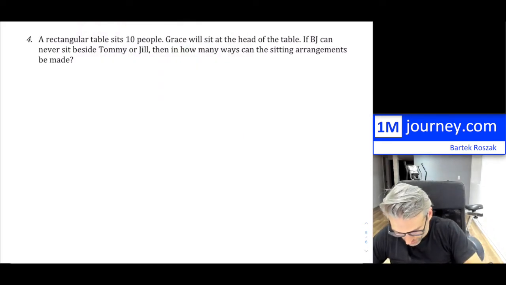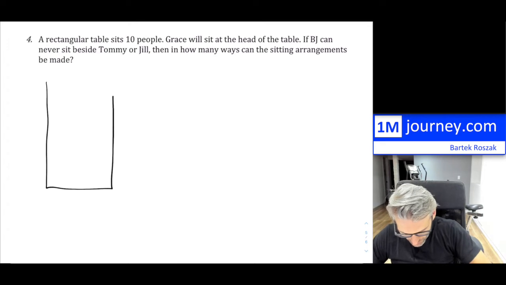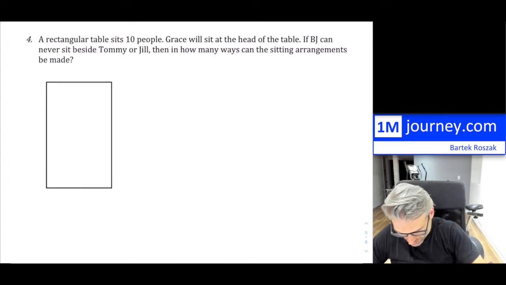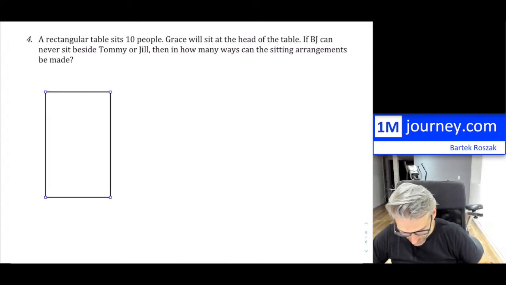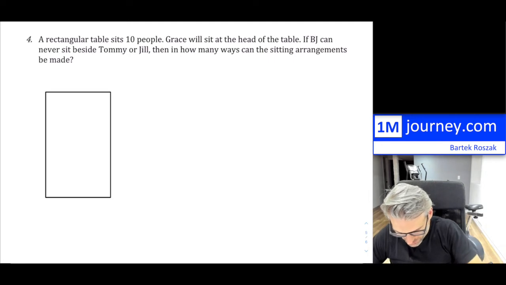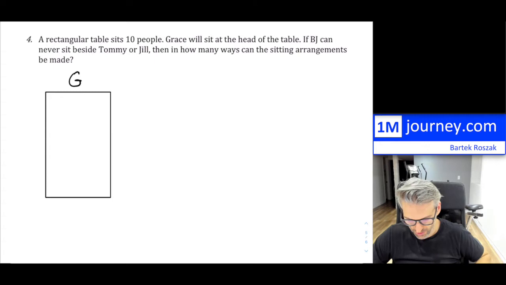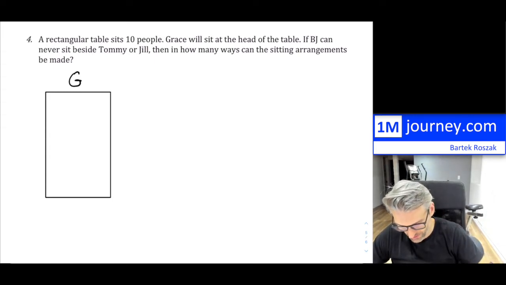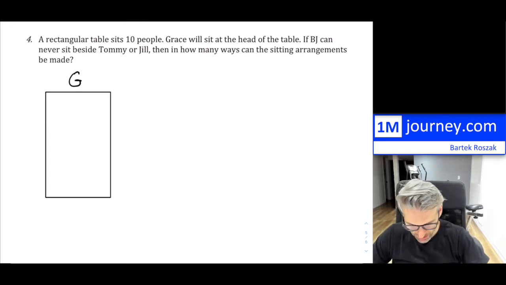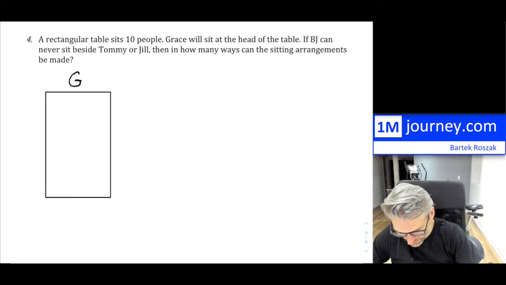So Grace will be sitting at the head of the table. There's 10 people, and here's a rectangular table. Now, the head of the table, you can just assume that maybe this is the head of the table. Although sometimes people can say it could be either here or here. So we're going to just assume that the head of the table is at the top here.